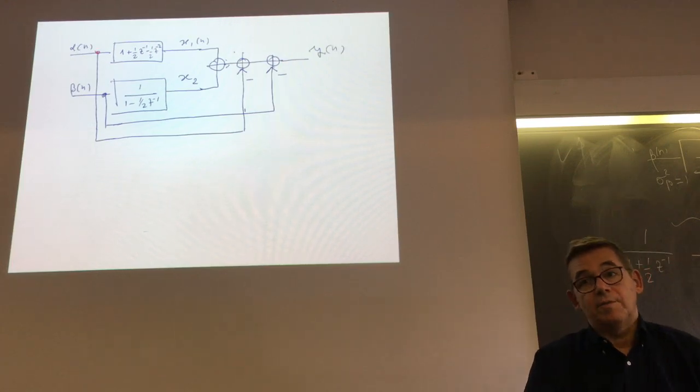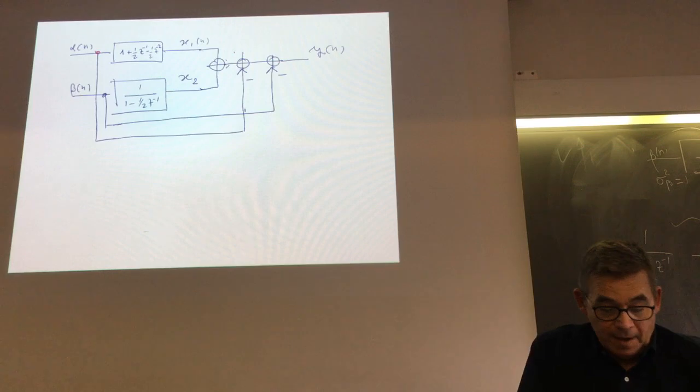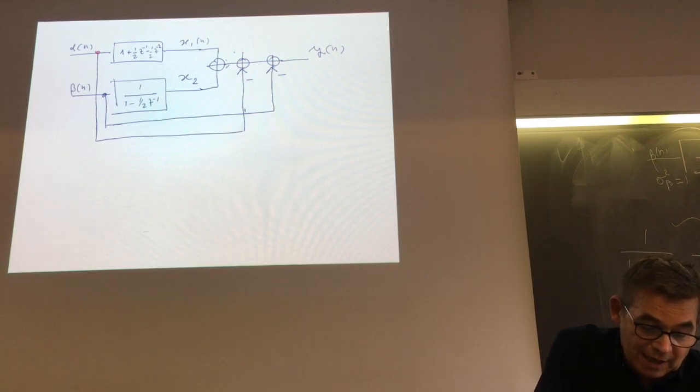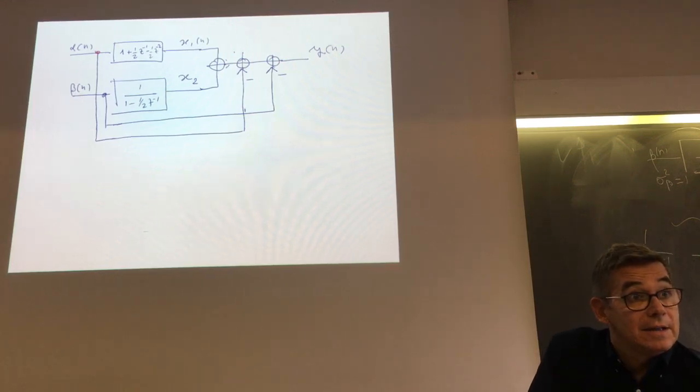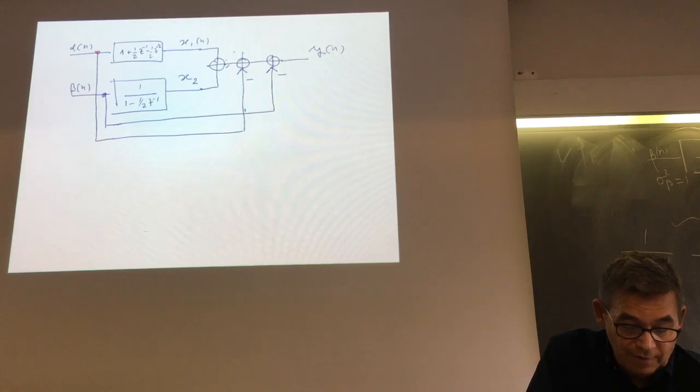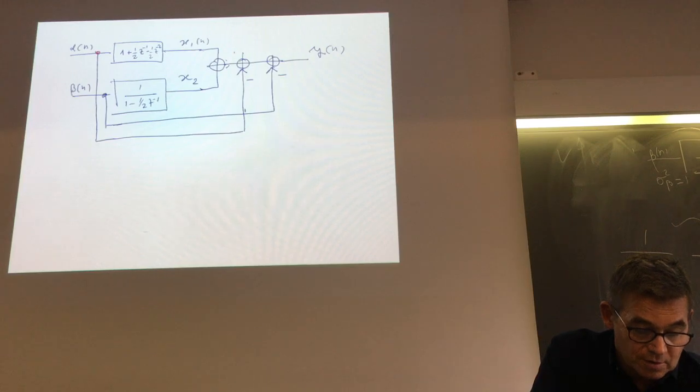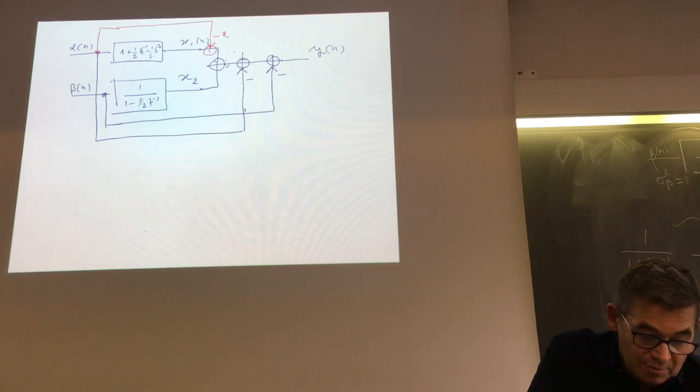This one is y n. That means I have in parallel, so it looks like I am removing alpha from here, and I'm removing beta from there.